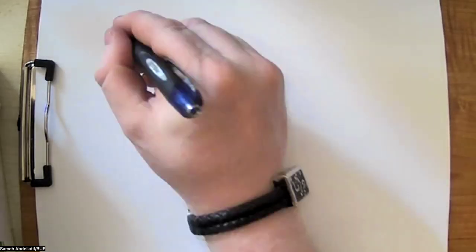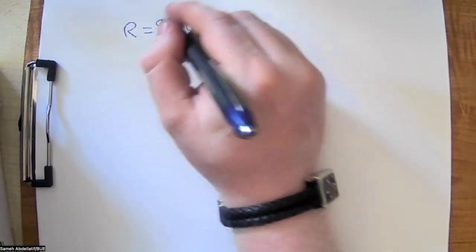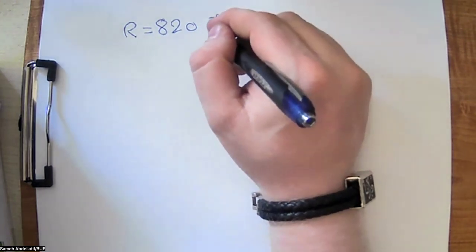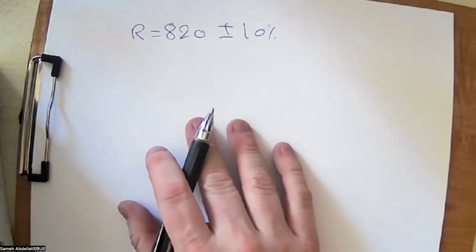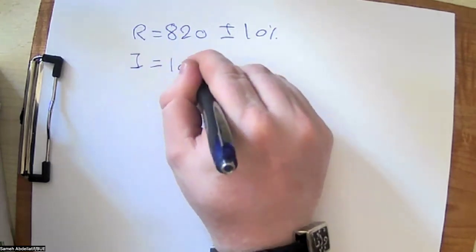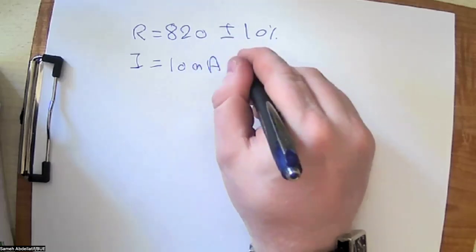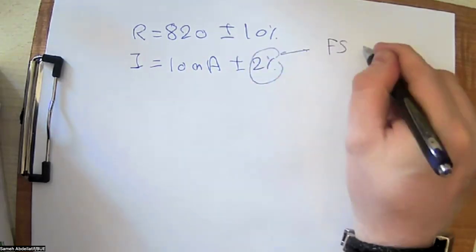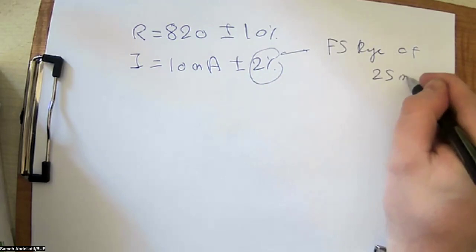So we have R equal 820 plus minus 10%. And we have the current measurement of I equal 10 milliampere plus minus 2%, considering that these 2% is of a full scale range of 25 milliampere.